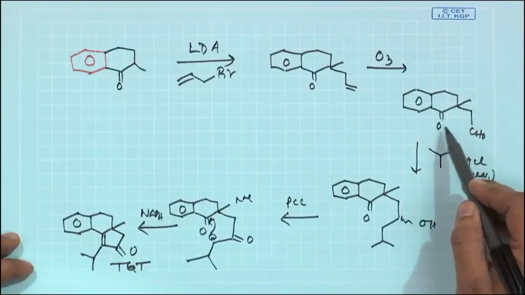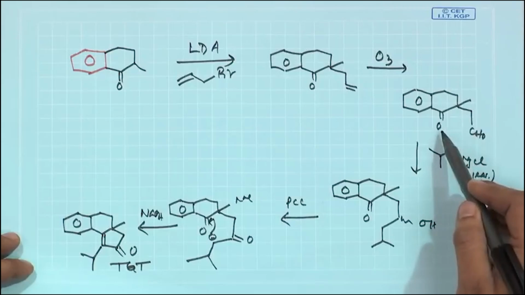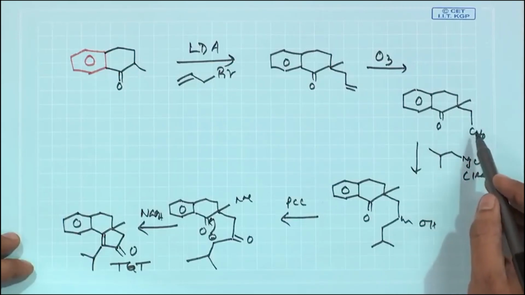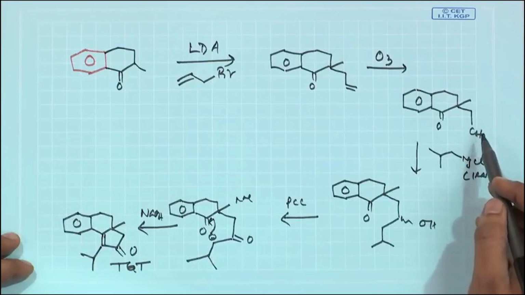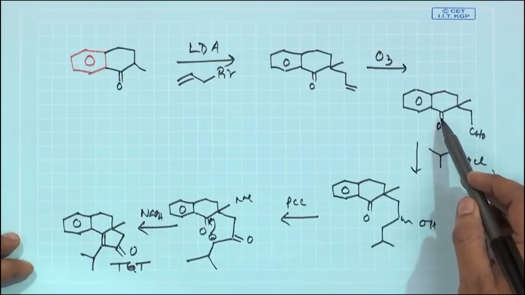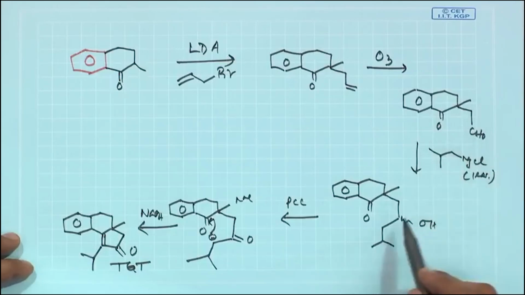So, what we did, we said that aldehydes are much more reactive than the ketone. So, you can control the reactivity of the aldehyde by using stoichiometric 1 equivalent of Grignard, and in addition this ketone is sterically very much congested. So, use this isobutyl magnesium chloride 1 equivalent to get this secondary alcohol.